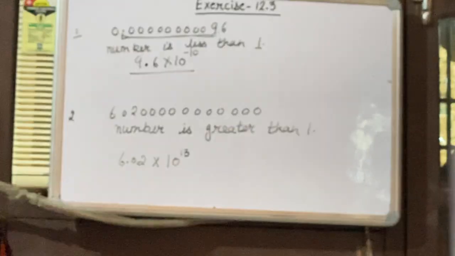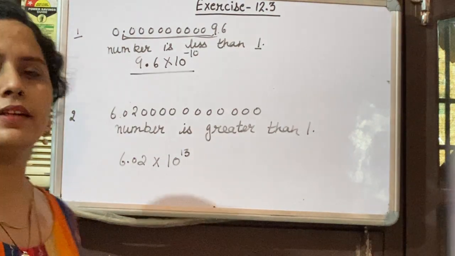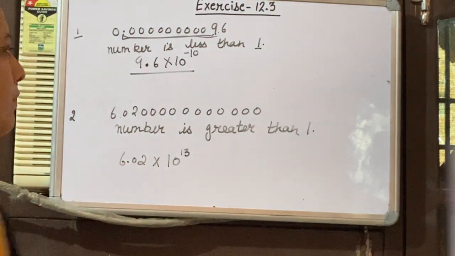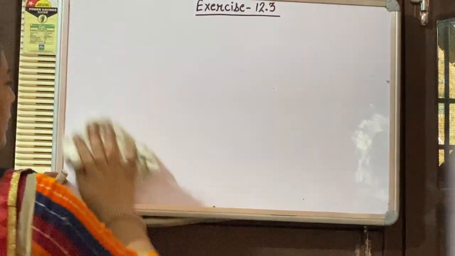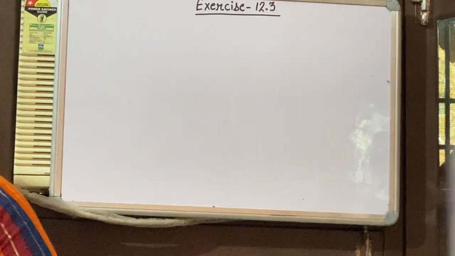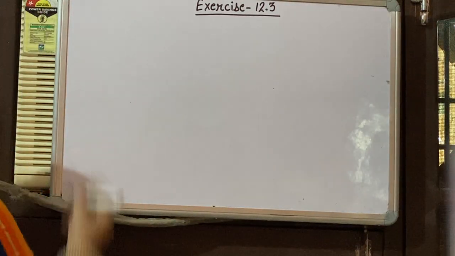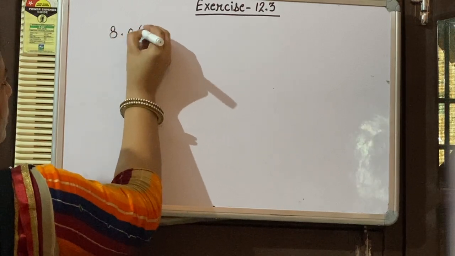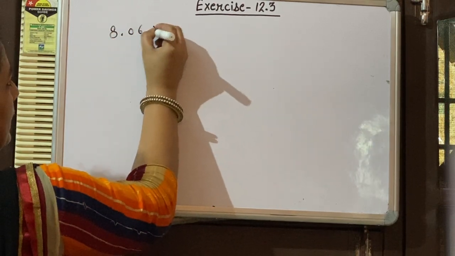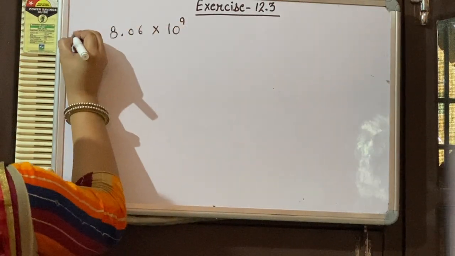Next is change the number into the usual form. That means you are given the standard form of a number, and you have to change it into the usual form. First is 8.06 multiplied by 10 raised to power 9.